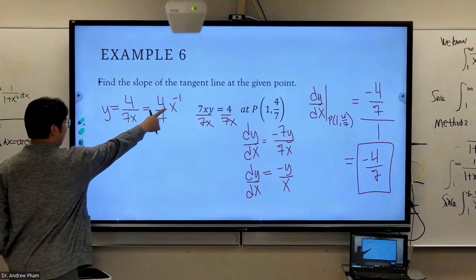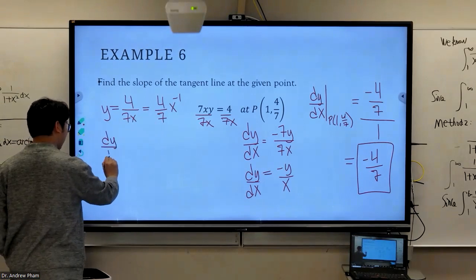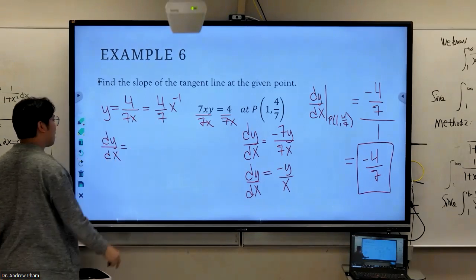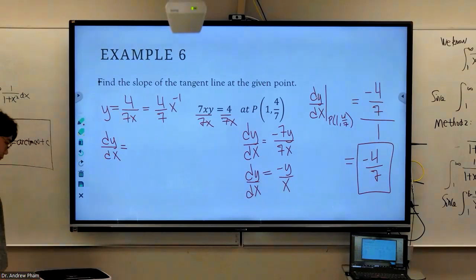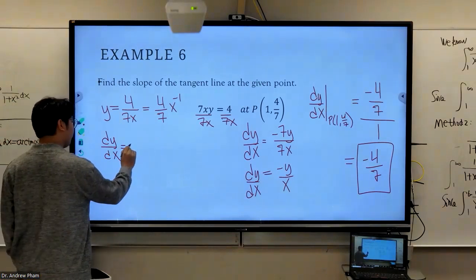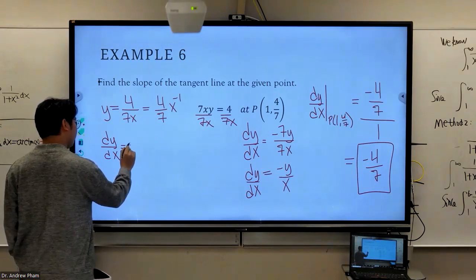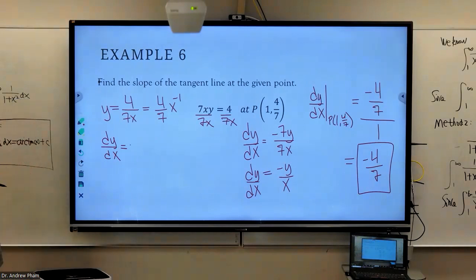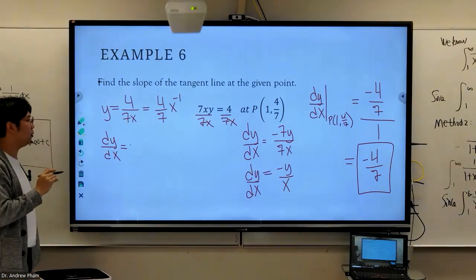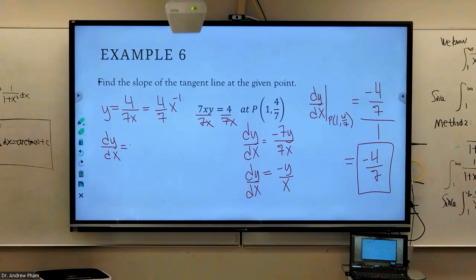So what's the derivative of this expression? We have dy/dx. What's the derivative of 4/7 x to the -1 power? There are two ways you can do this.